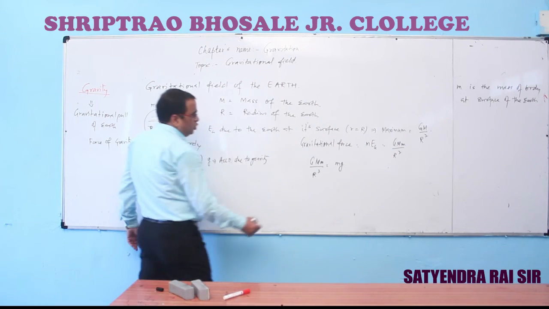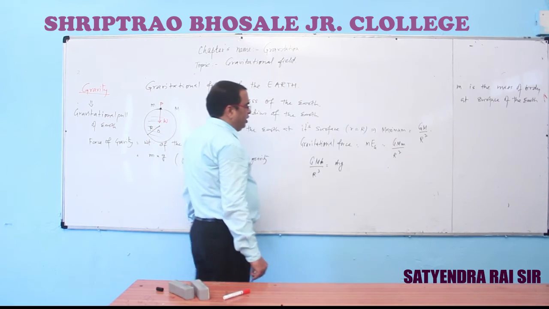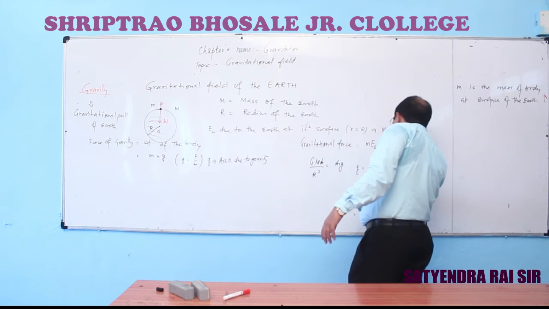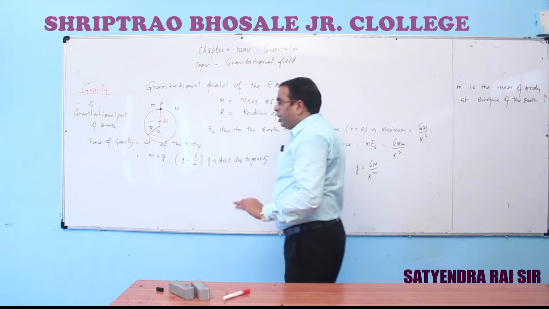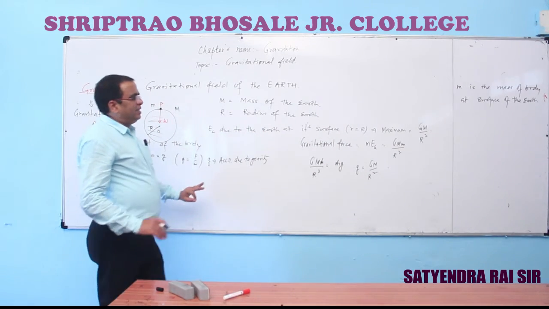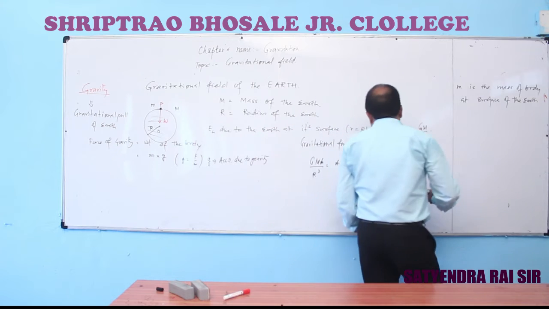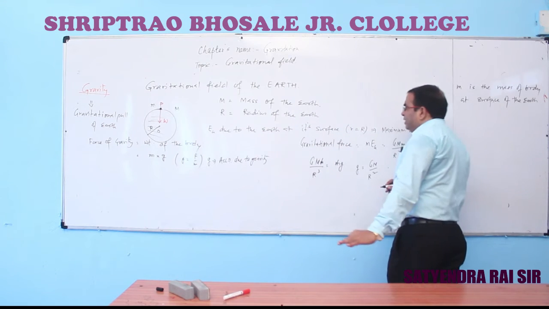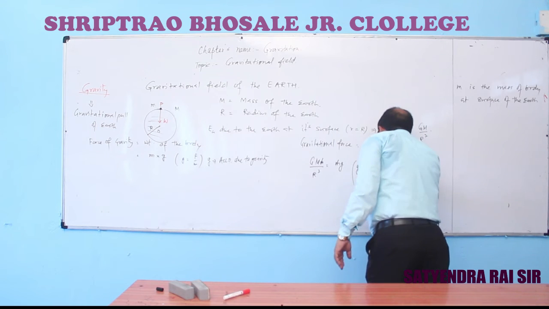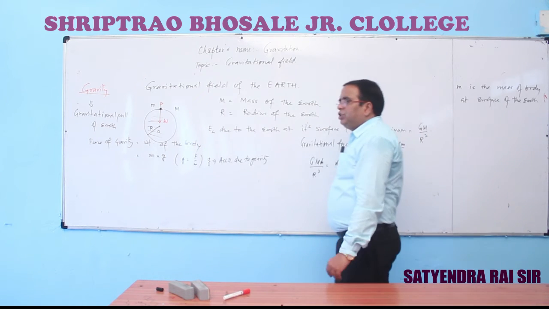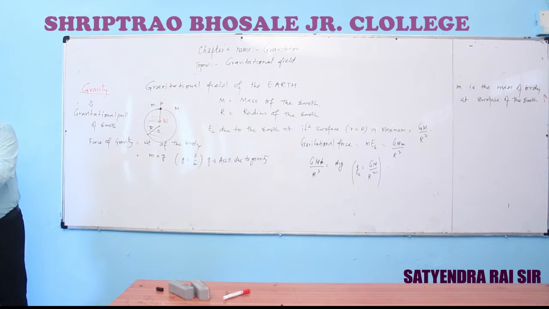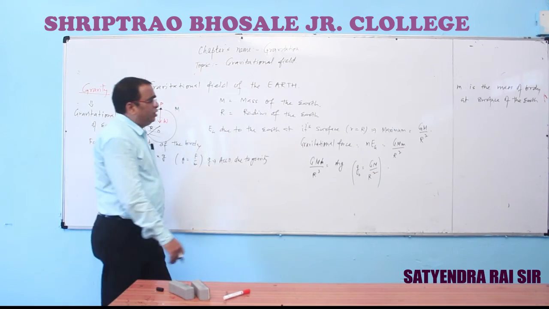Since these two m's get cancelled, you can see the term g equals GM by R square, and since we are calculating this at the surface of the earth, we all know well that this is the maximum value of g, hence we identify it as the maximum value of g, that is at the surface of the earth, and g is written as g naught. So g naught is GM by R square. In our other calculations from now on, we will put g naught wherever g naught comes.